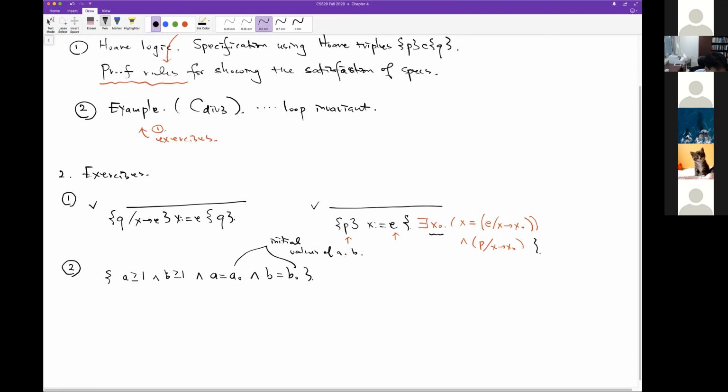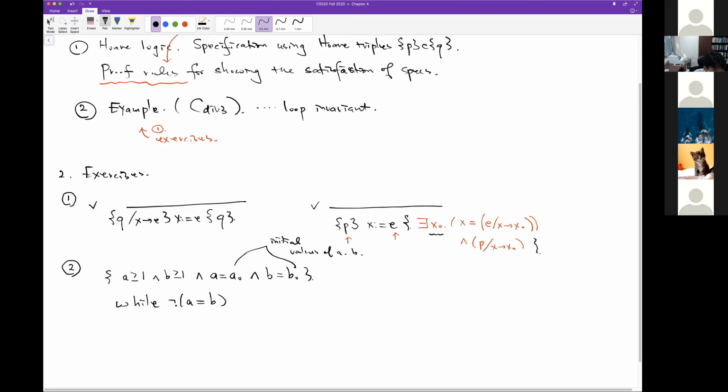And then what the Euclid algorithm does is that it computes the greatest common divisor between A and B. In Korean, it's called 최대 공약수. Okay. And then the implementation looks like this. If A and B are not equal, we do the following.